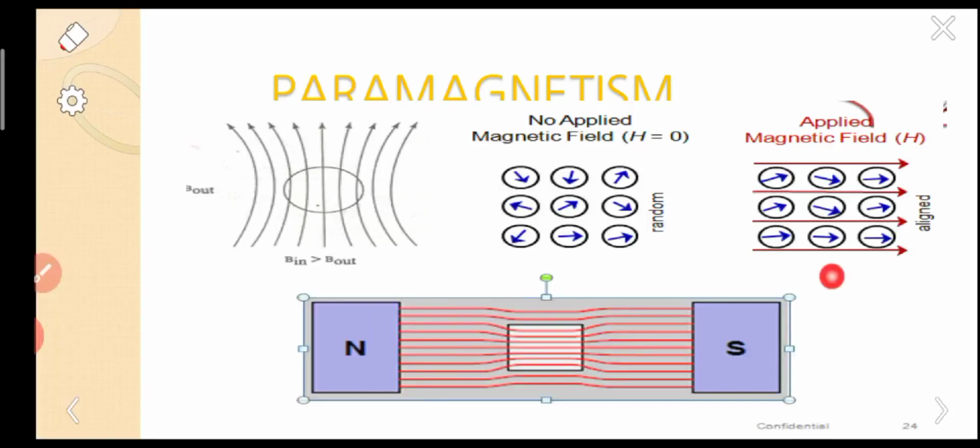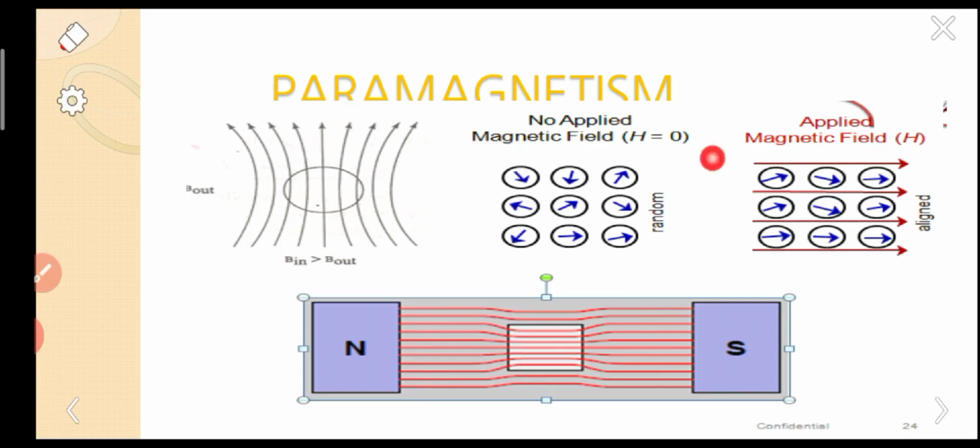Suppose there are 9 dipoles in total. Out of 9, only almost 3 or 4 are exactly in the field direction. So 4 out of 9. So this is a weak effect.